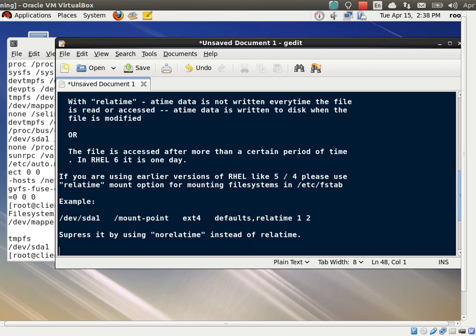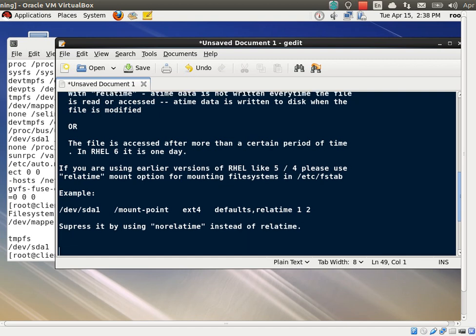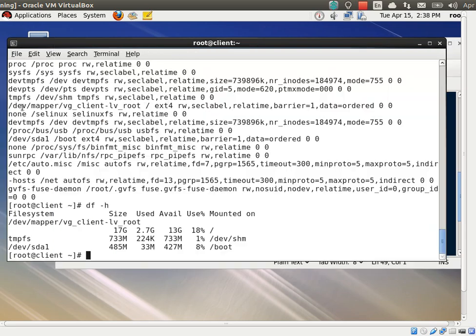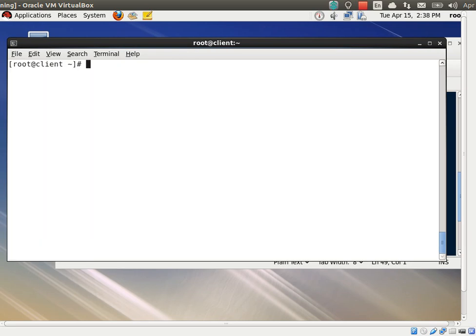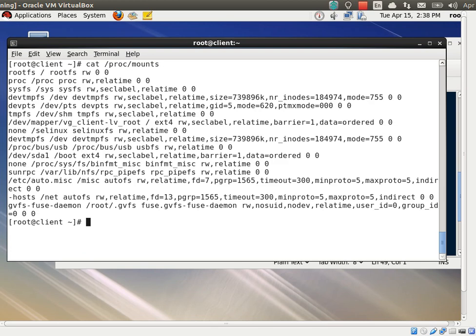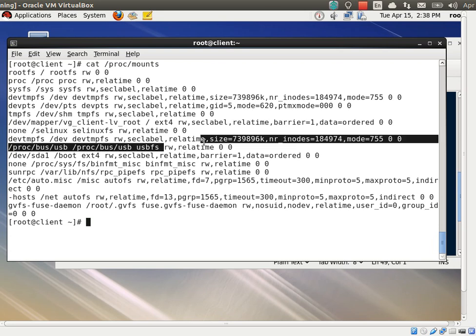So it should be the first thing for the performance of your operating system. Just check cat /proc/mounts and make sure that relatime is there against all your file systems. It is there by default in RHEL 6. I'm repeating it again, but you need to check it on RHEL 5 or other prior versions.